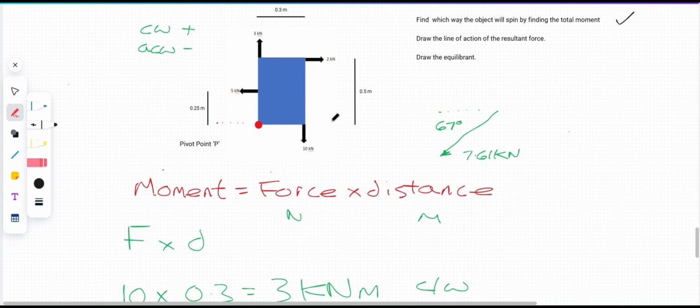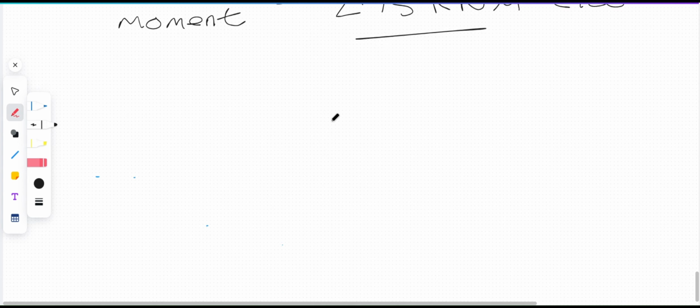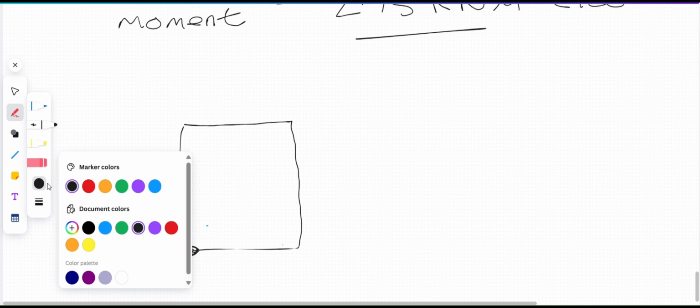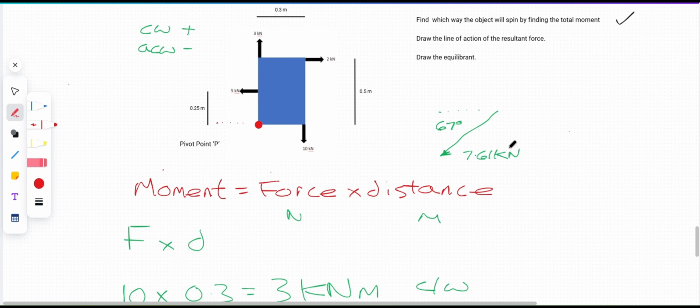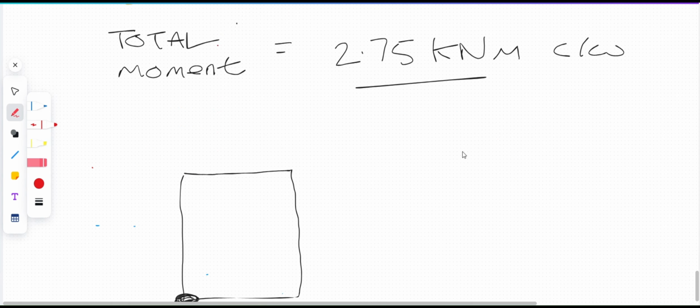So the line of action of the resultant force, I'll quickly draw it again. Now we've got to draw this line of action. There's my pivot point there, look. And we know it's coming down like that, look, 7.61, 67 degrees, and it's spinning it clockwise.